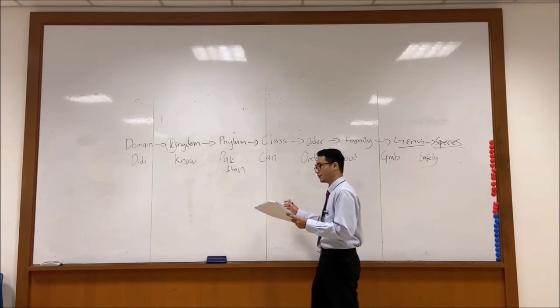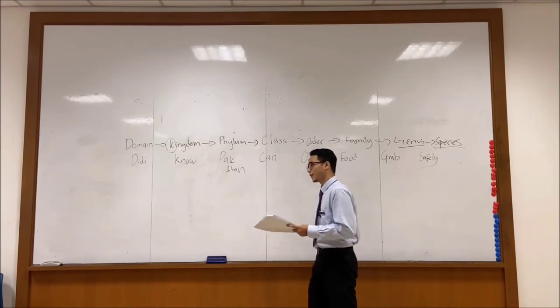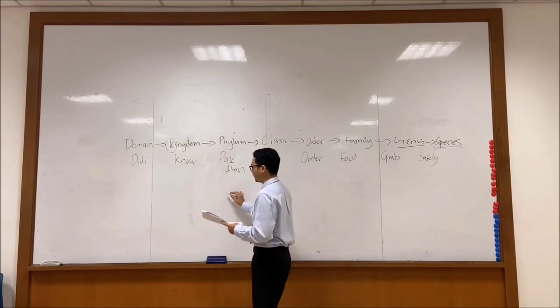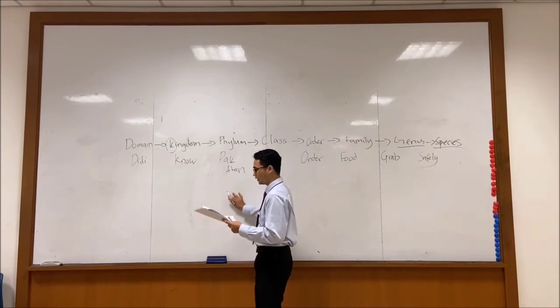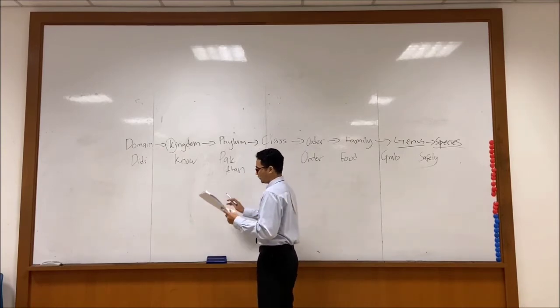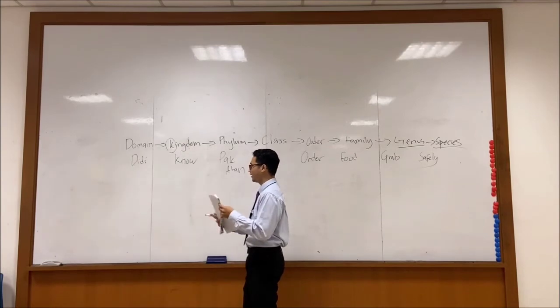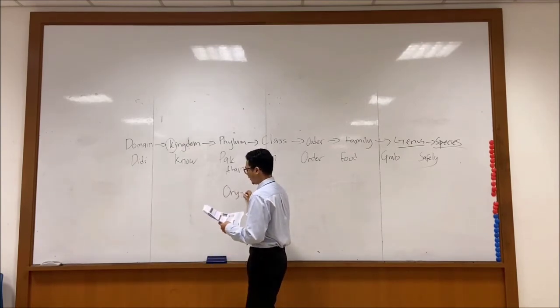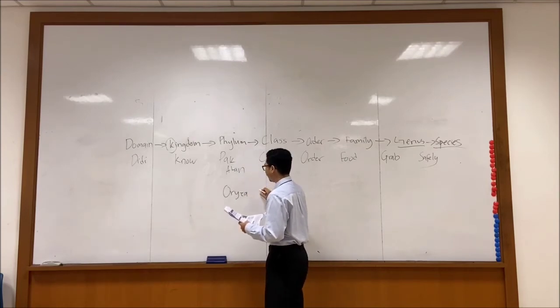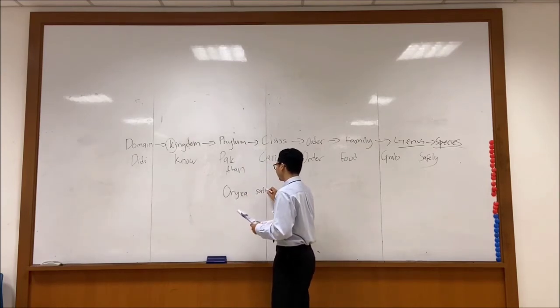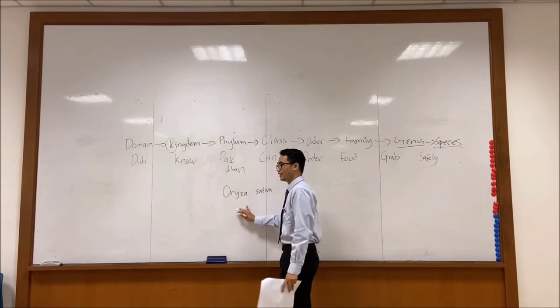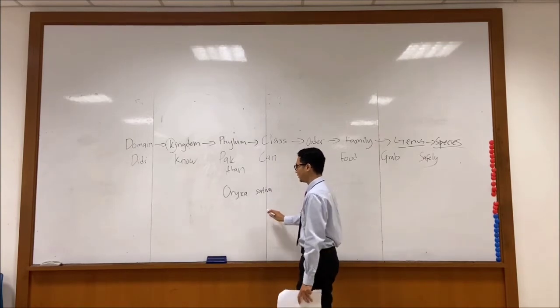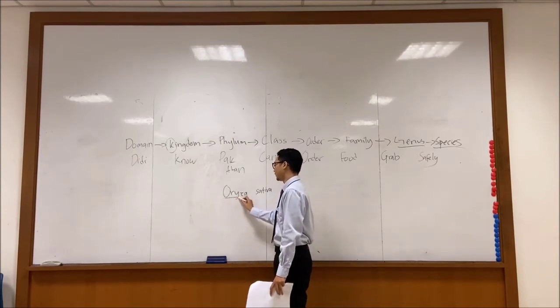And the third rule, it can be divided into two: handwriting and also printed. Okay, so let's take the example of Oryza sativa. This is paddy. In handwriting, you need to underline.